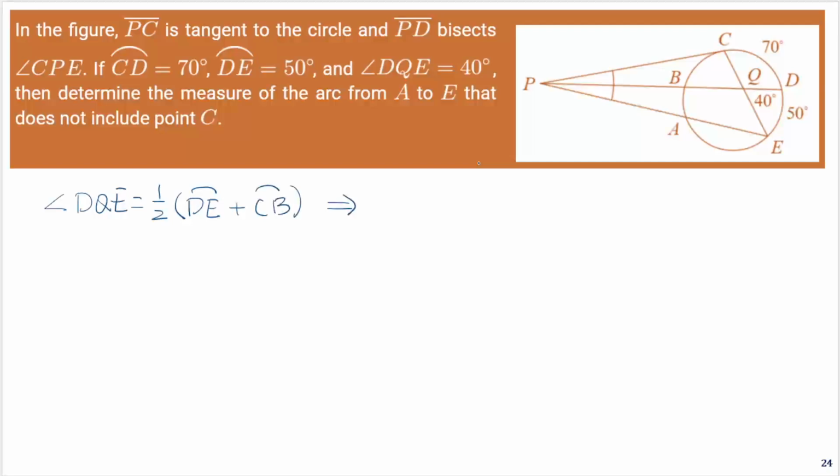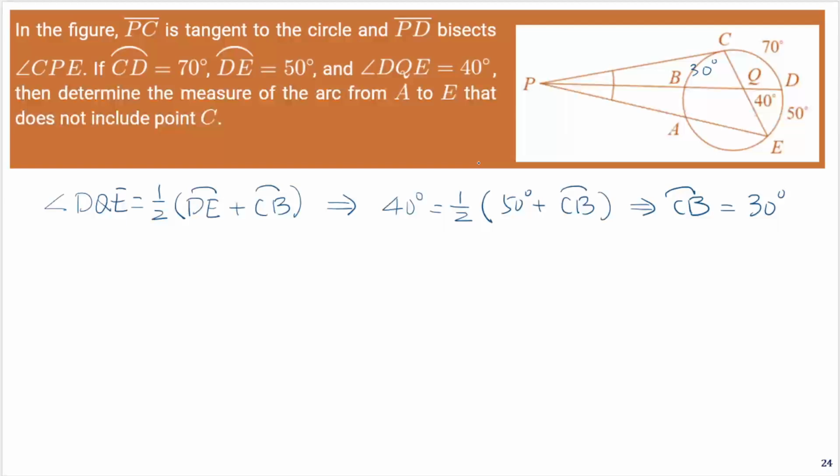So this means angle DQE, which is 40 degrees, equals 1/2 of DE, which is 50 degrees, plus CB. So this gives us the measure of arc CB, right? Which is 30 degrees. So that solves one of the arcs we need.